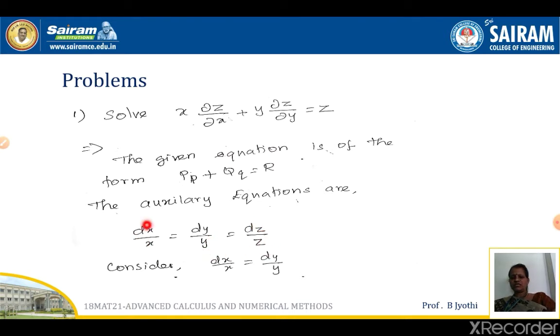We can take any two pairs of equations, that is, we are taking the first one and the second one. dx by x is equal to dy by y. There is no need to separate the variables, as they are already separated. dx is with x terms and dy is with y terms, which can be integrated now.